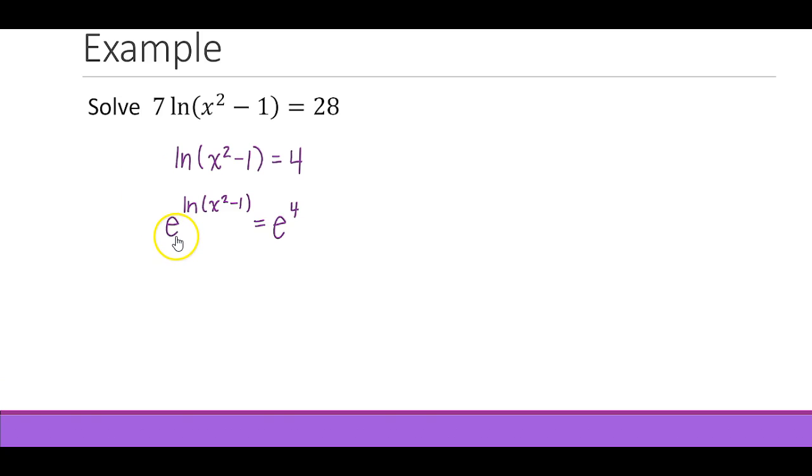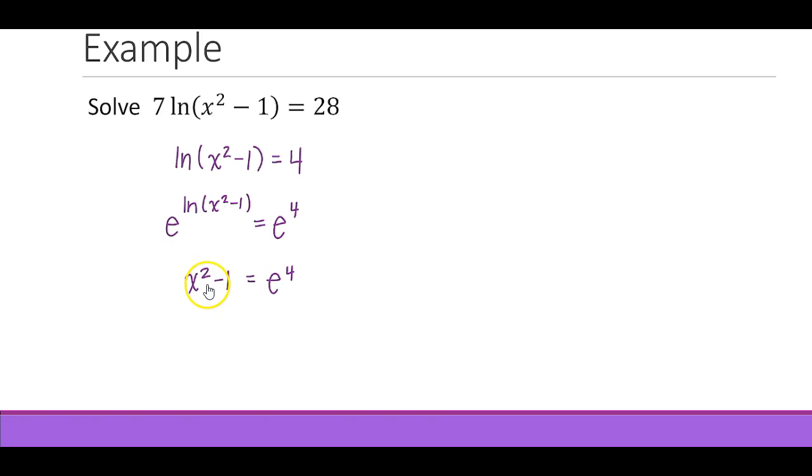So I'm going to end up with just on the left-hand side, x squared minus 1, because e to the natural log directly, right, there's nothing in front, there's just a 1 in front, is going to cancel and give me just x squared minus 1 is equal to e to the 4th.